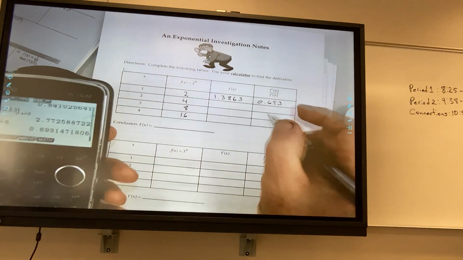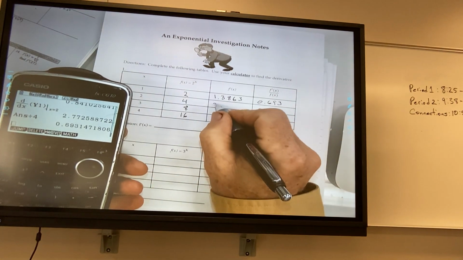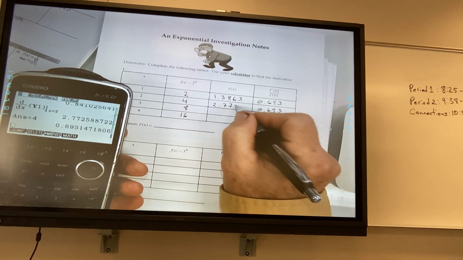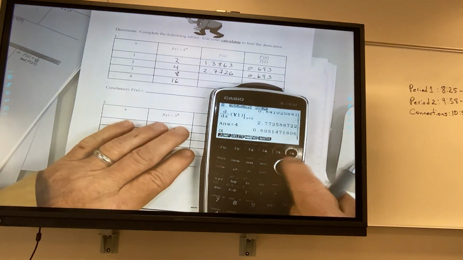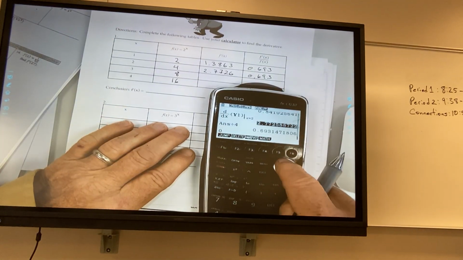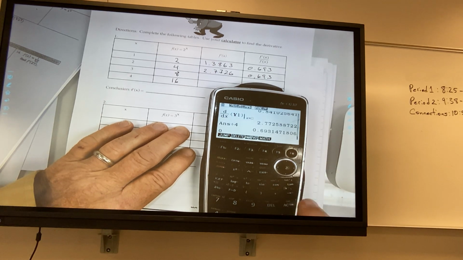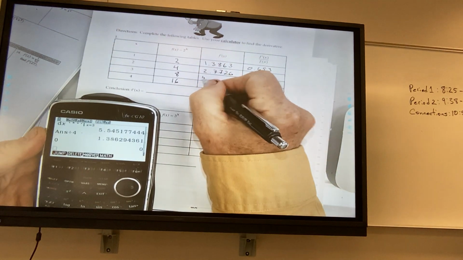That's kind of cool. So I got 0.693 here, and I got 2.7726. All right. So now I'm going to do 3. And I get 5.545. I'll just write that.